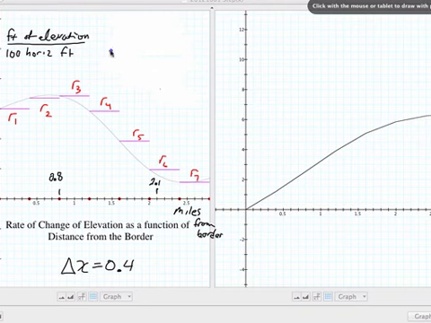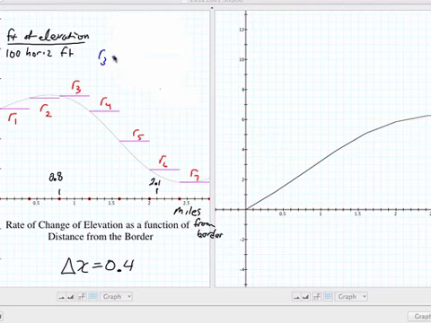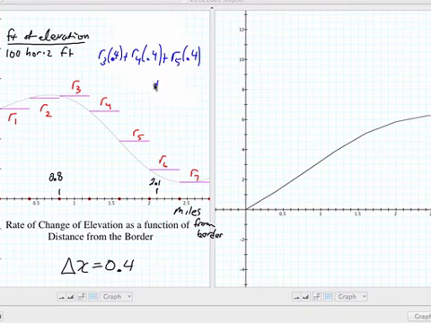I just did R sub 3 times 0.4, plus R sub 4 times 0.4, plus R sub 5 times 0.4, plus R sub 6. Times 0.4? Oh wait, just kidding, just R sub 6, right?